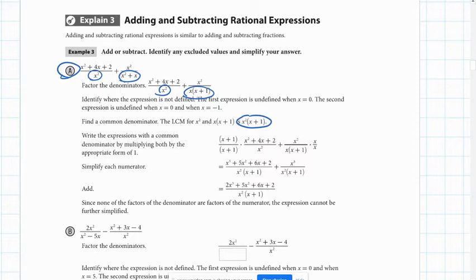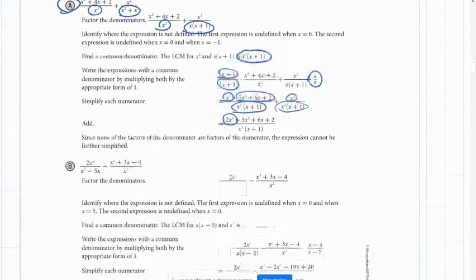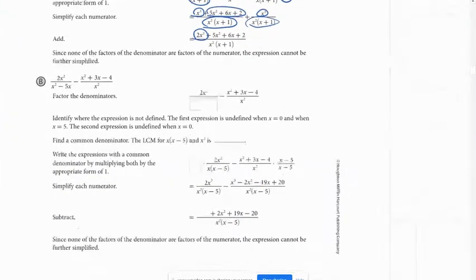And so to get that, we would multiply the first expression by x plus 1 on the top and the bottom, and the second expression by x over x to get that least common multiple. Now that they both have the same denominator, we can just add what's on top. And so when we add x cubed to x cubed, we get 2x cubed, and then plus the rest of this step.